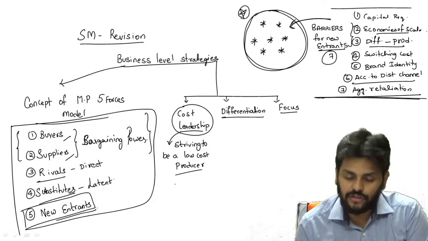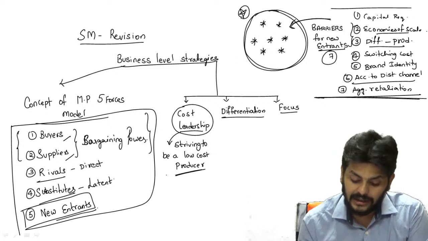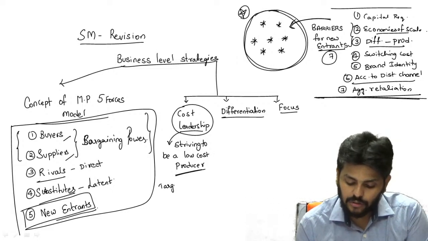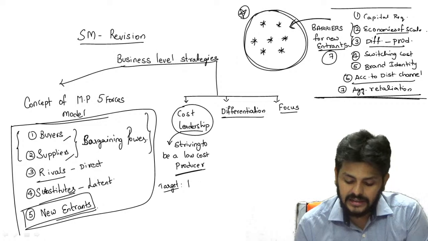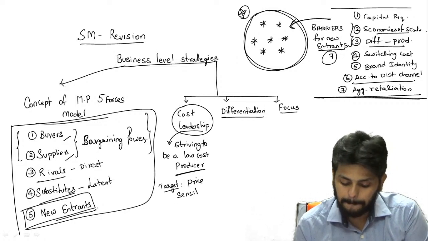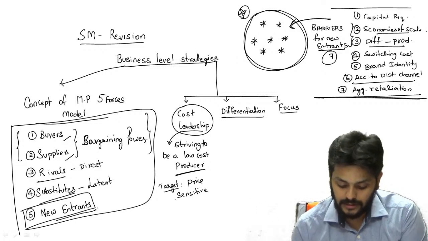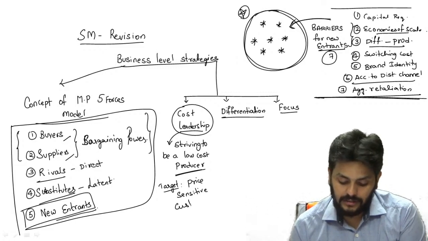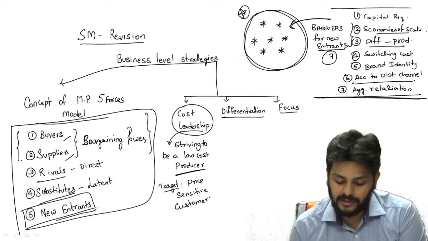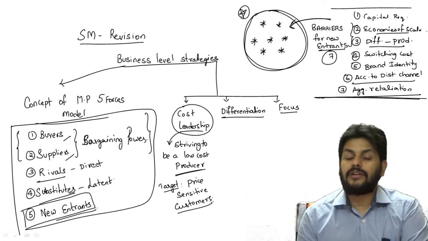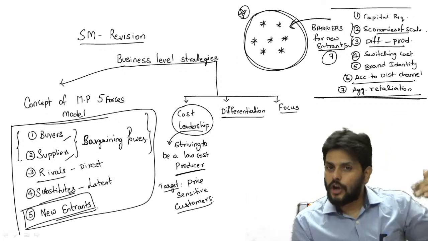And cost leadership, when it is employed as a strategy, who's your target? You should know this. The target is none other than a price sensitive customer, the one who actually bothers about price. You know what happens when your cost comes down?